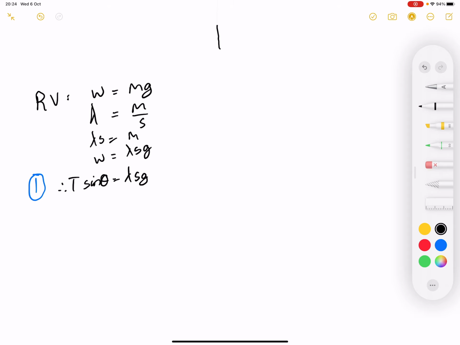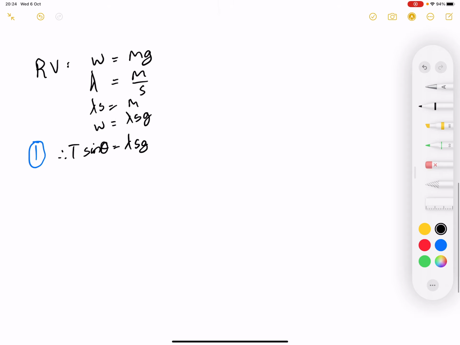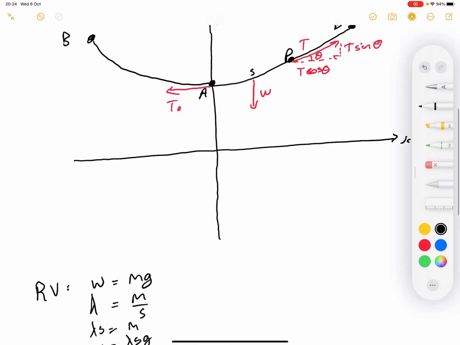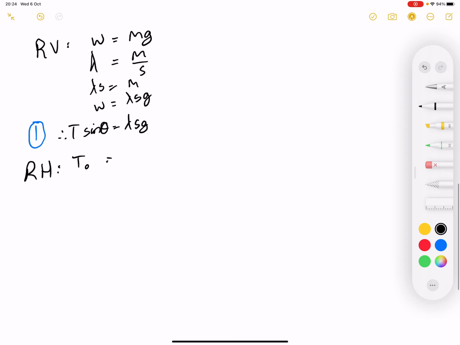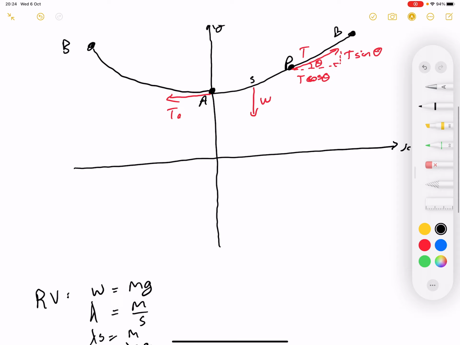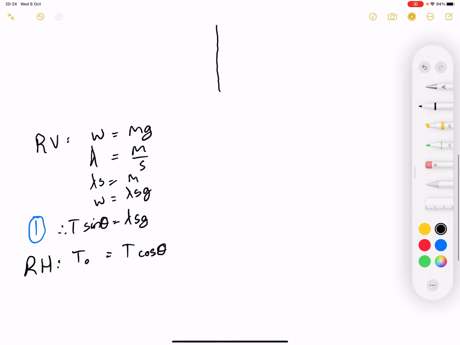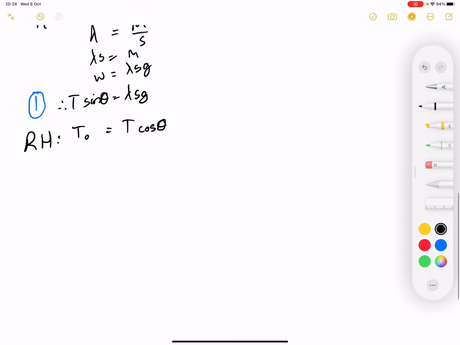The next equation we can form is by resolving horizontally. We get that T0, the tangential force, is equal to T cos theta, which is the horizontal component of T. Now we can find the gradient of the curve as well while we're at it.